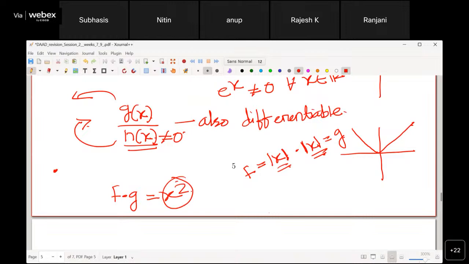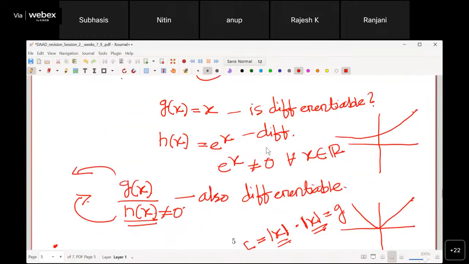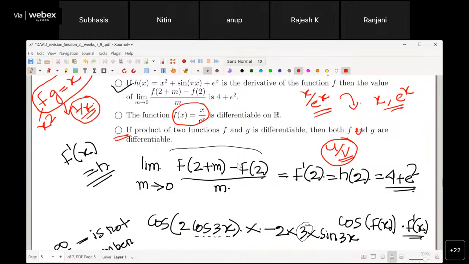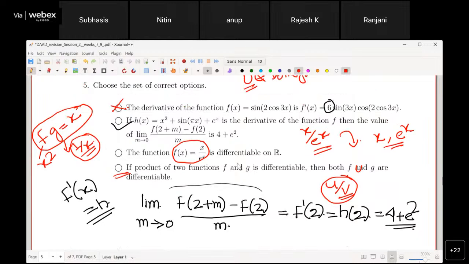But both f and g are not differentiable. Okay. So that's why this statement, whatever statement it is, is an incorrect statement. Clear? Yeah. So then basically you have two correct statements. Okay, so this is a correct statement, this is a correct statement.